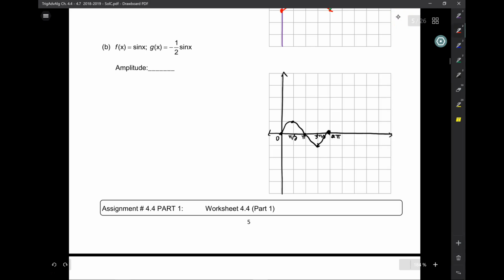Okay, how does -1/2 sine x look like? Where do I start? At the 0 or elsewhere? Bottom, like 1/2. So I start here? You're sure? What am I graphing, sine or cosine? Sine always starts on the 0. Then it goes down to 1/2, to 0, up 1/2, 0.